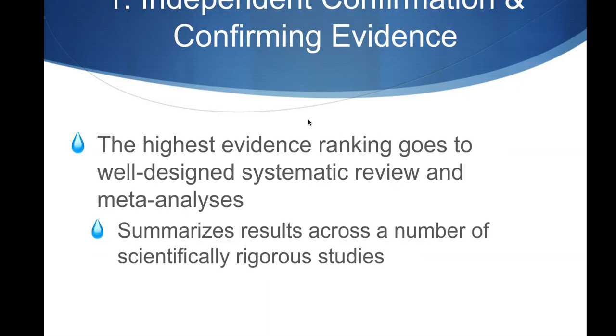So number one, independent confirmation and confirming evidence. The highest evidence ranking goes to well-designed systematic reviews and meta-analyses. A systematic review is a study that has systematically summarized results across a number of scientifically rigorous studies.